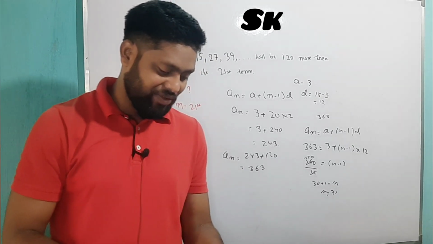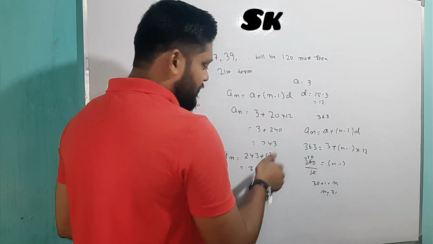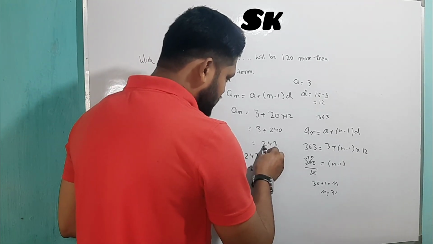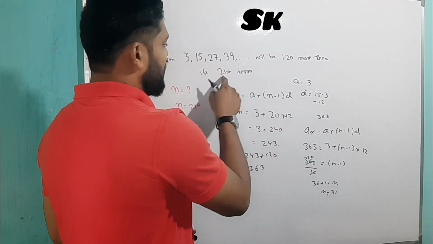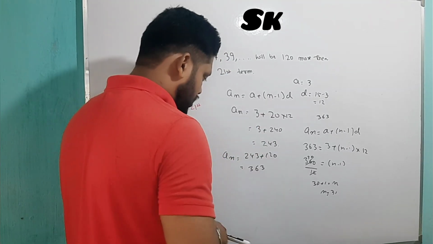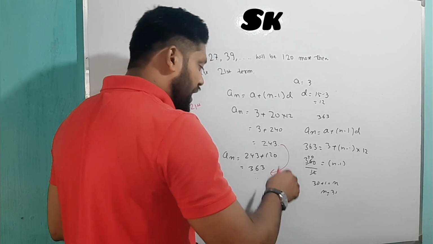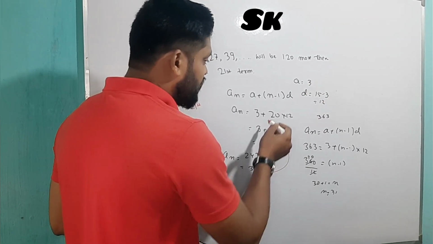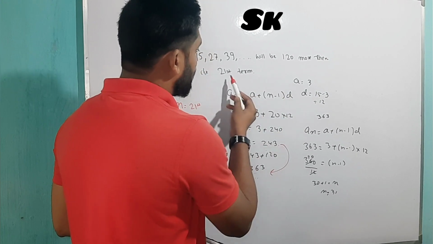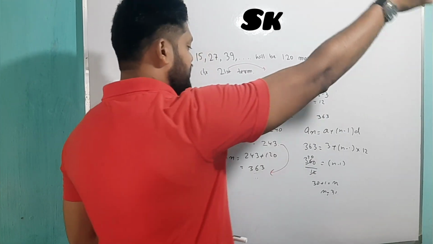Okay, when it was 243, it is lying at the 21st term. So 363 is a bigger number as compared to 243 or not? It is bigger as compared to 243. So obviously it will lie next to 243, which means it will not be less than the 21st term, it will be bigger than the 21st term, means 22, 23, 24, maybe 26, 27, 28, we don't know.